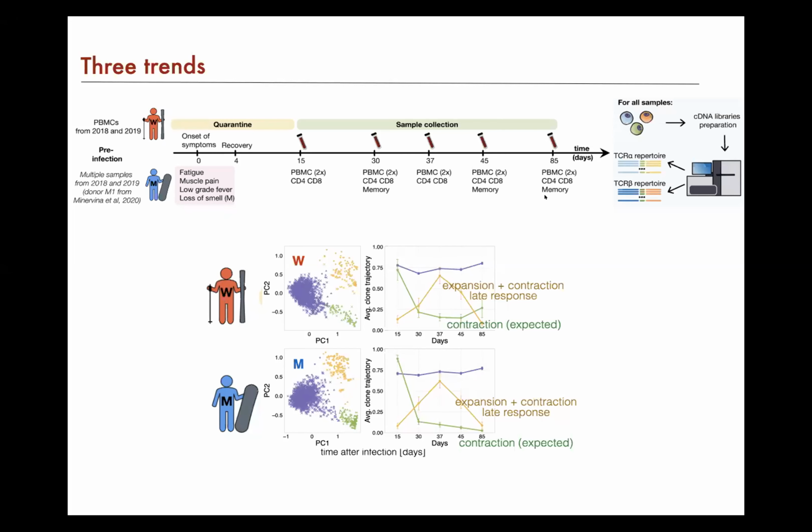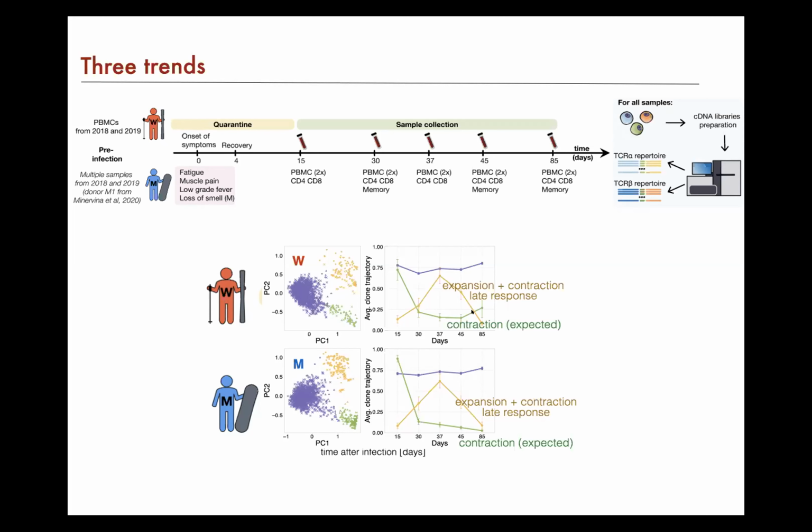Then there's the green cluster, clones that contract in frequency from day 15 to later days. It's a stable contraction for the 2 donors. This is what was expected, because the peak of the infection was expected to be before day 15 or thereabouts.